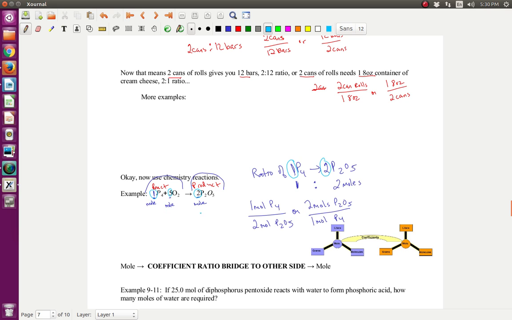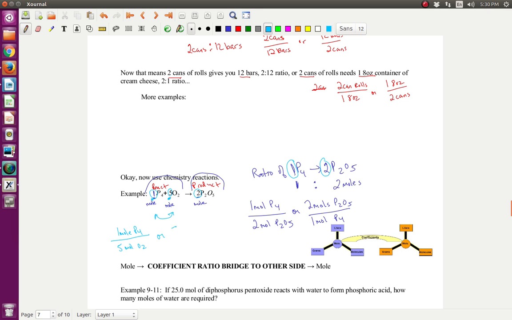Okay, let's try a different one. What about the ratio between oxygen and phosphorus? All right, so 1 mole of phosphorus has to react with 5 moles of oxygen because of the ratios, the coefficients in the front.